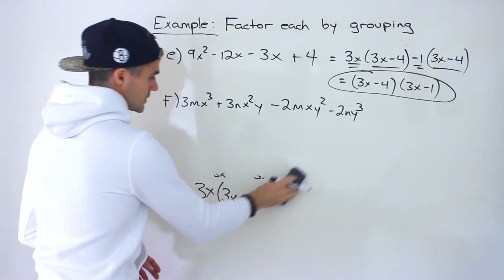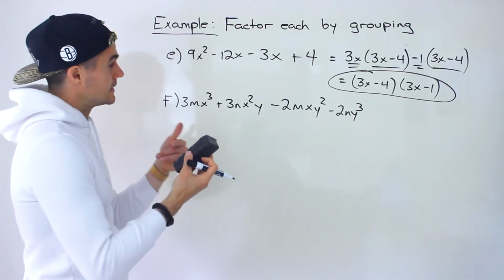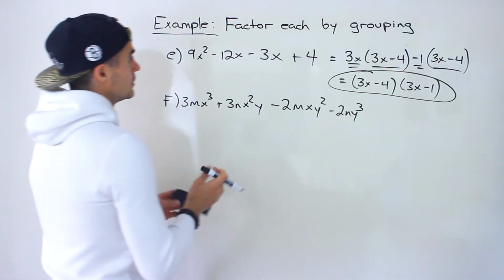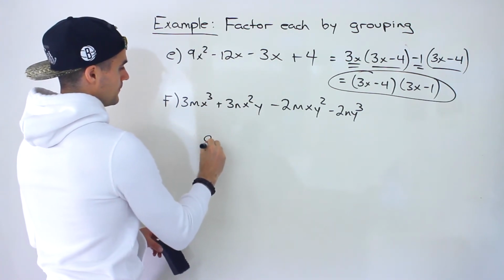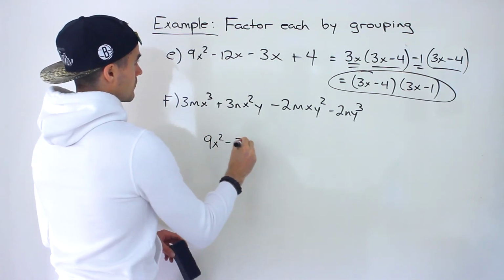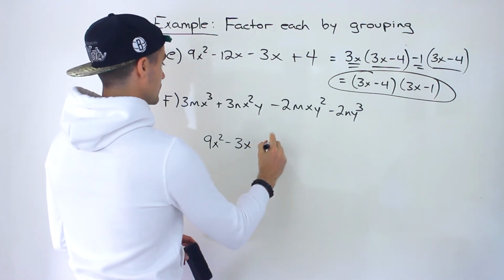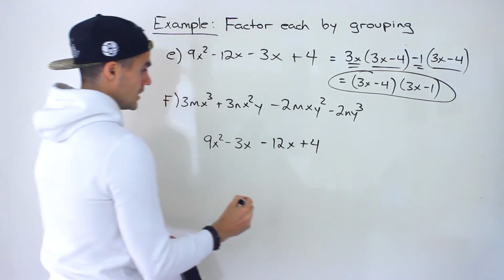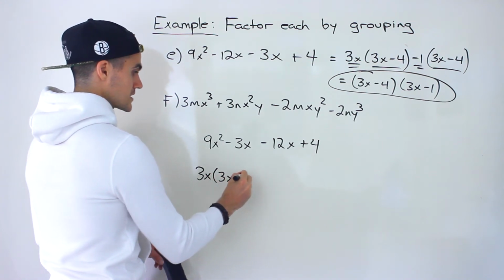Another thing I want to mention with this one, and not just this one, is that sometimes it might be in different orders. So for example, let's say we switched up this negative 12x and negative 3x, so we'd have 9x squared minus 3x minus 12x plus 4, like that. From these two, notice we could take out a 3x, so we'd be left with 3x minus 1.